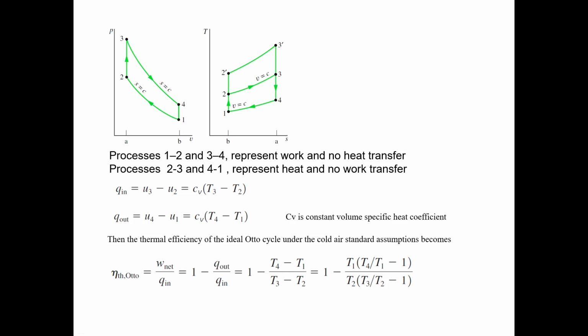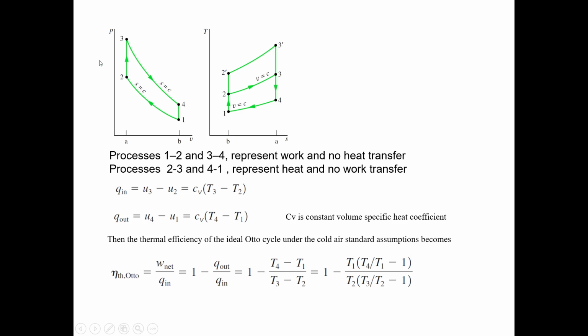Then the net work output: we get work output in isentropic expansion, and we have work in for the 1 to 2 process, because it's isentropic compression. So compression work in, expansion work out. So we need to find the net amount of both processes, right?